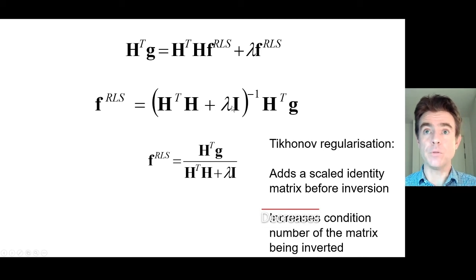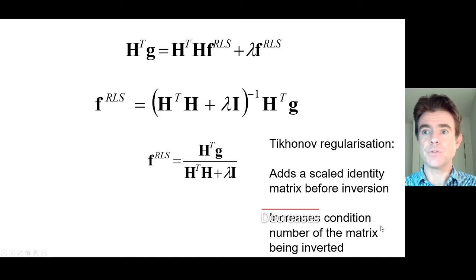But if we just add on lambda I, the identity matrix, just 1 all the way down the diagonal, scaled by the penalty strength, the regularization strength lambda, then that's going to have a sort of safety net all the way down the diagonal, and it's certainly going to make this now, I would imagine anyway, an invertible matrix. And so we've just changed the condition number. If we consider the condition number as the max to min of the singular values of HTH, but then of course now we're considering the condition number of that new entire matrix that we're now inverting.